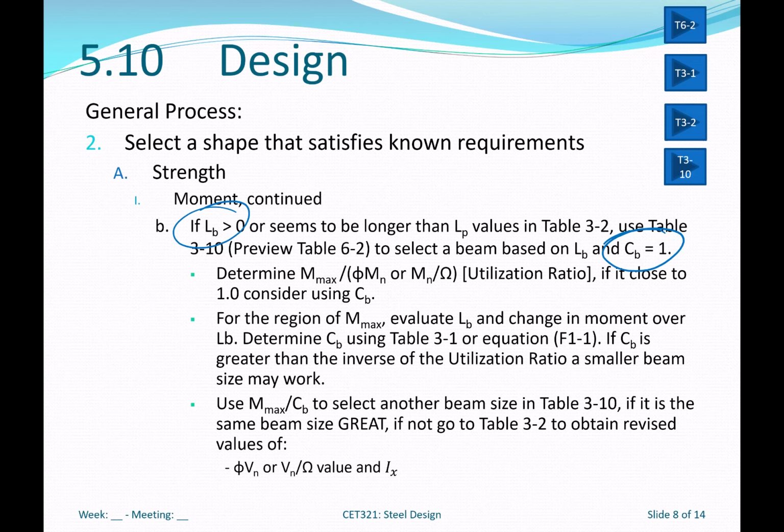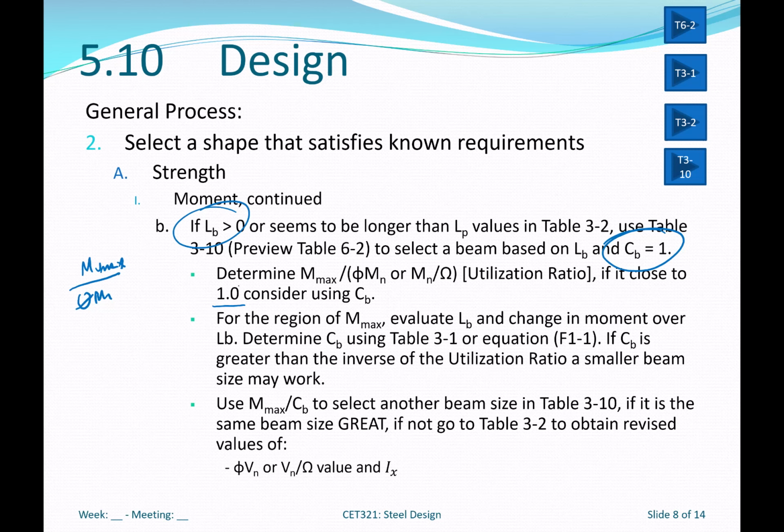And if you find out that you're kind of at the low end of that stress ratio, or utilization ratio, if I take my max moment, my M sub u max or my M sub a max, and I divide it by phi M sub n, and I'm close to 1, it's probably better if it's closer to 90%.